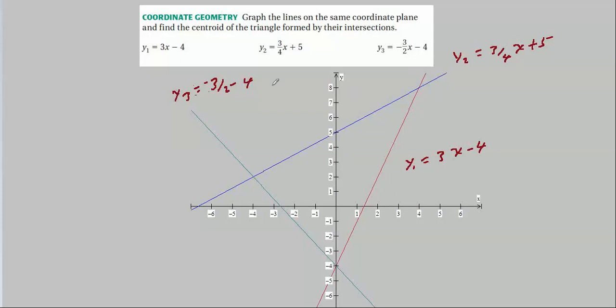So, let's find this point here, 3x minus 4. We'll set these two equal. Well, where should I write that equation? Yeah, put it over here. We'll have 3x minus 4 equals 3/4 x plus 5.